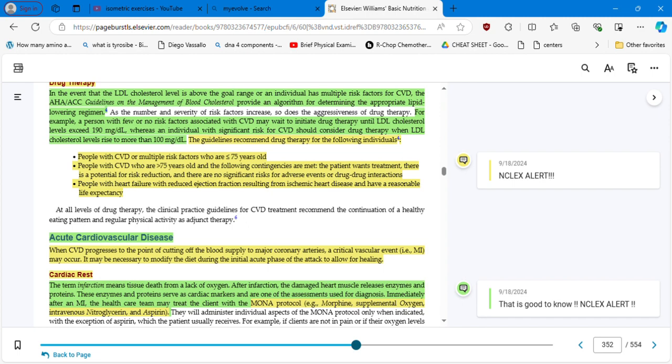People with CVD who are more than 75, and the following contingencies are met: the patient wants treatment, there is a potential for risk reduction, and there are no significant risks for adverse events. So this is for a patient that is 75 and older. Also, people with heart failure with reduced ejection fraction. So in these cases, the guidelines recommend drug therapy.